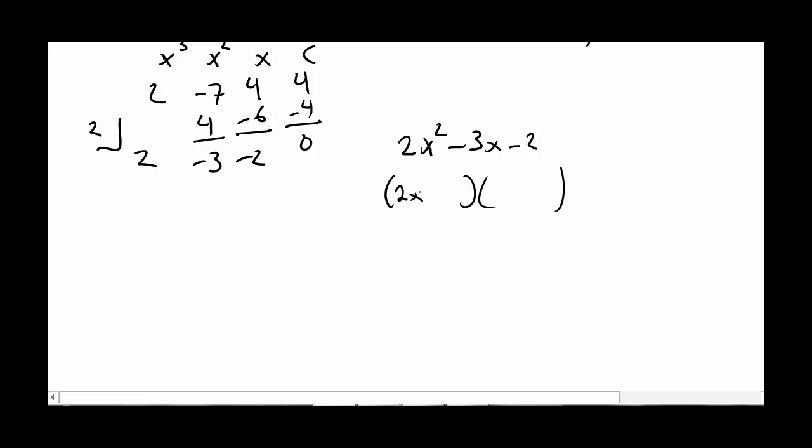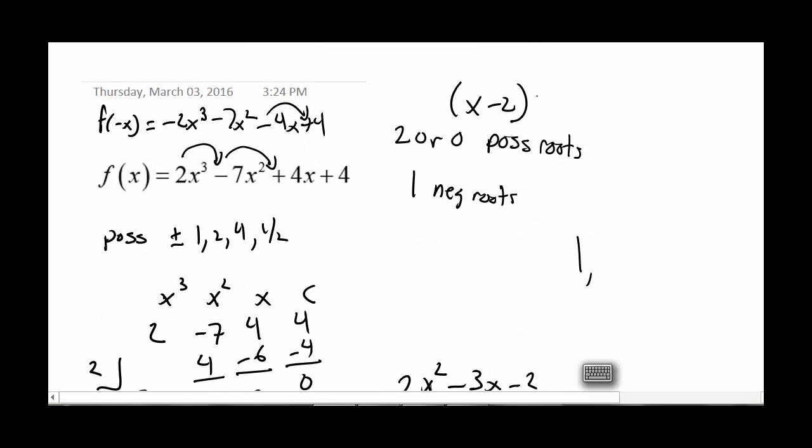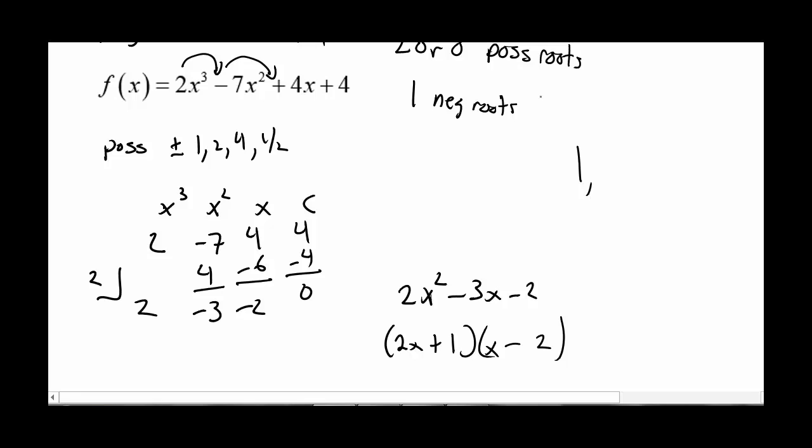So 2x and x, and I'm thinking let's put the 2 there and the 1 there. Let's see, 2x times that gives me a negative 4 and a positive 1, so we'll make that negative and that positive. Okay. So let's put that with the other, so we have another multiplicity. Okay, so let's go back to our blank. So it's x minus 2 squared and 2x plus 1.